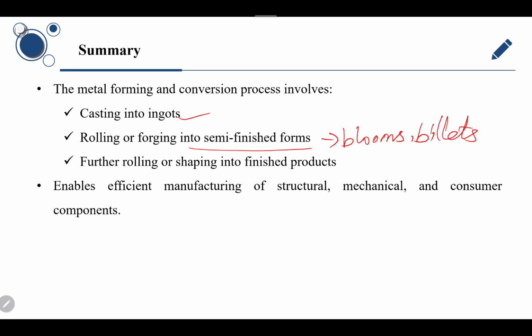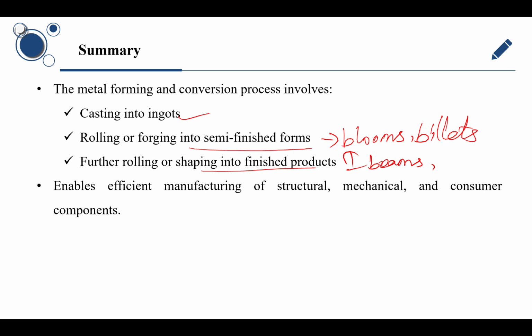Further rolling or shaping into finished products, that means producing I-beams, bars, plates, sheets, etc. This systematic process enables efficient manufacturing of structural, mechanical and consumer components.